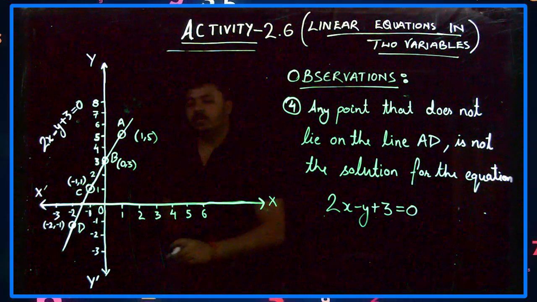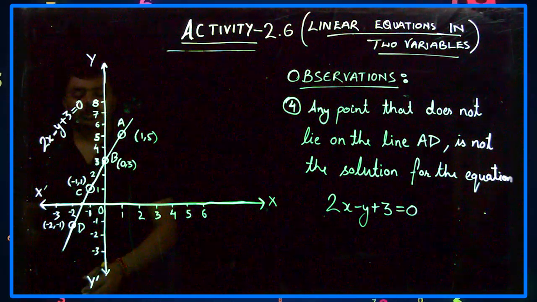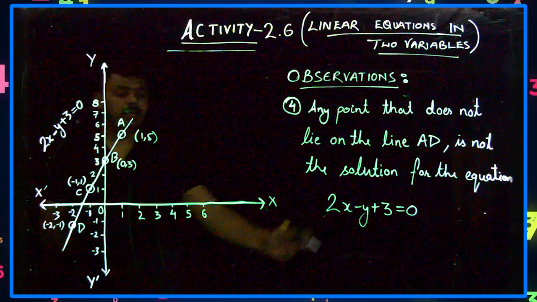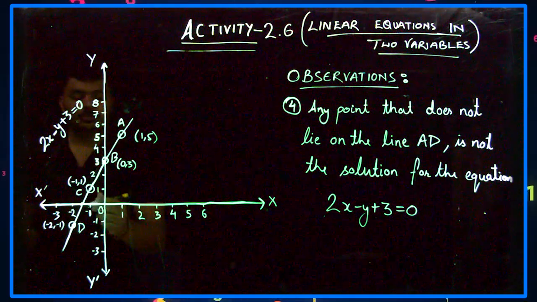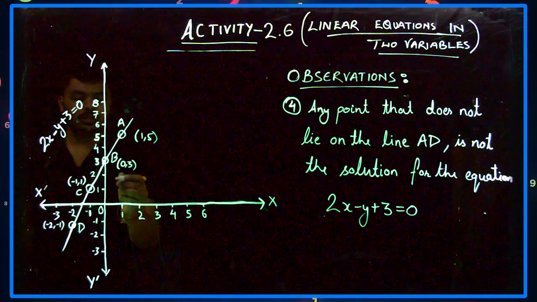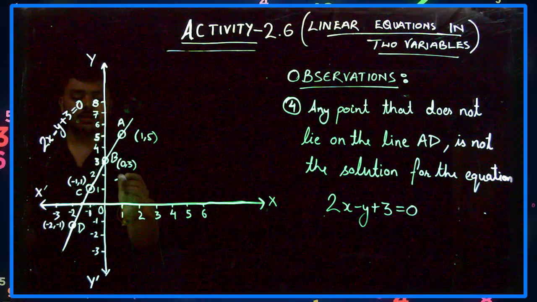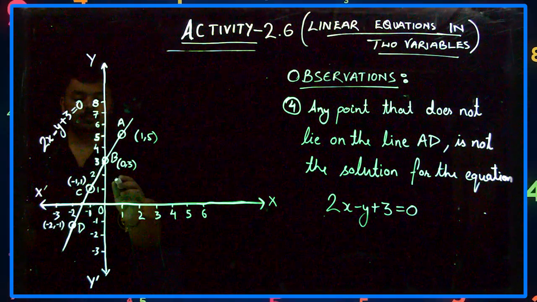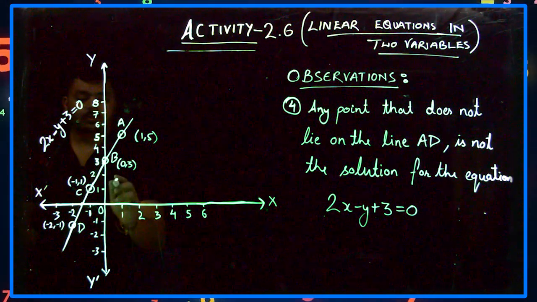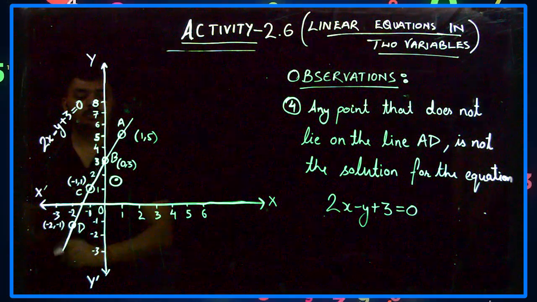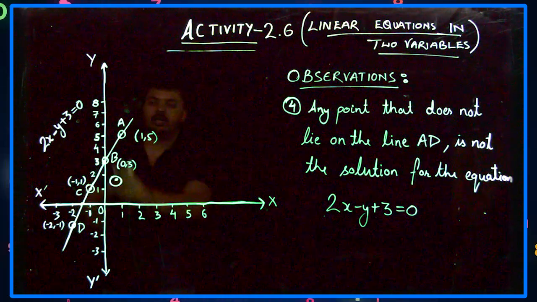So any point that does not lie over this line will not be a solution for the given linear equation. Suppose a point that is outside the line, then this point will not be a solution for the given linear equation.